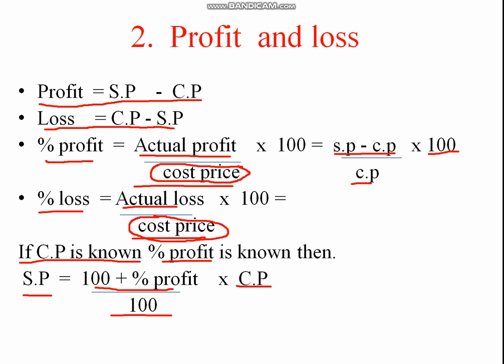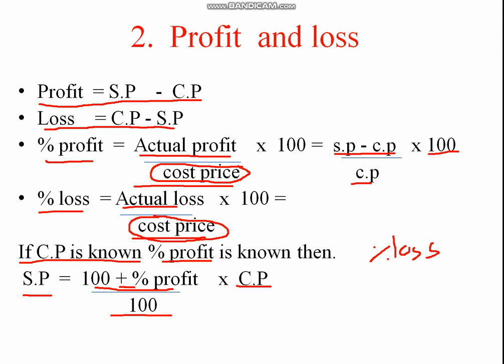In another case, if percentage loss is known and CP is known, then the same formula is used, only the change is that SP is equal to 100 minus percentage loss upon 100 into CP.